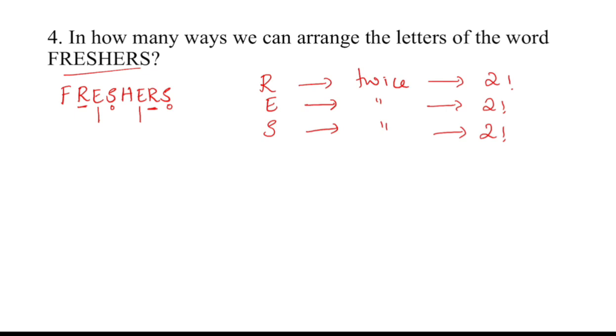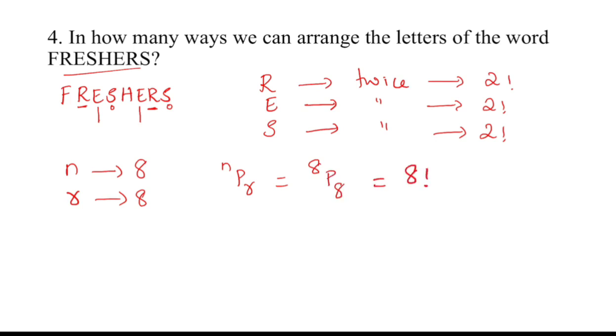Okay. So totally how many places are there? 1, 2, 3, 4, 5, 6, 7, 8 places are there. And how many objects are there? 8. So 8 objects in 8 places. How many ways can we arrange? nPr, which is equal to 8P8, which is equal to 8 factorial.